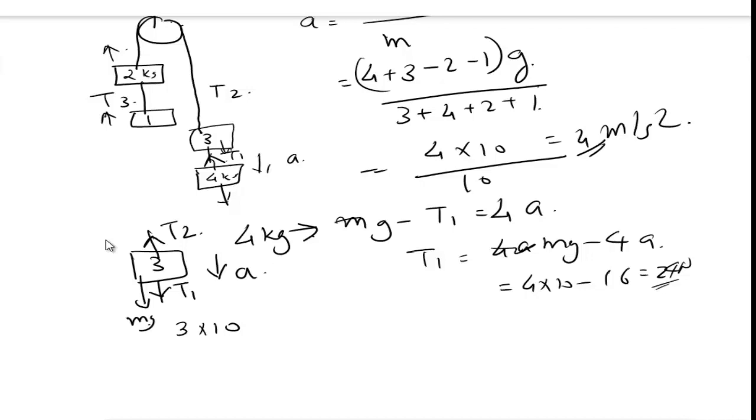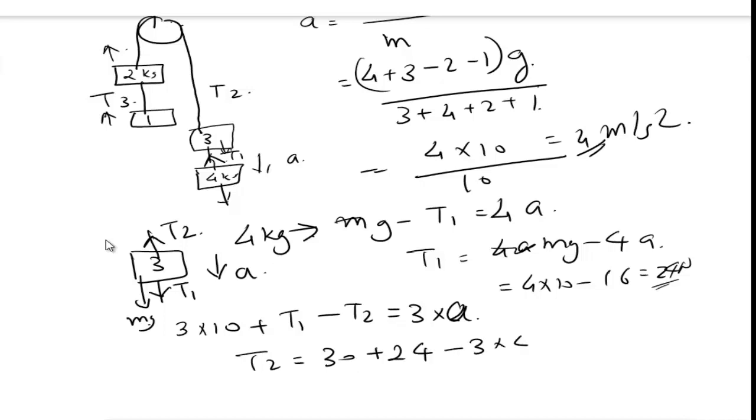So 30 plus T1 minus T2 will be equal to 3 into a. Therefore T2 we can write as 30 plus T1, already we got it as 40, minus 3 into 4. So here 54 minus 12, you will be getting it as 42 Newton.